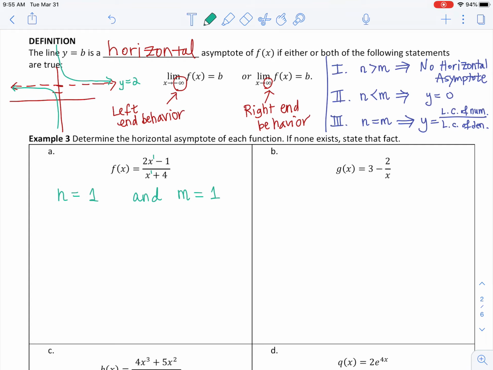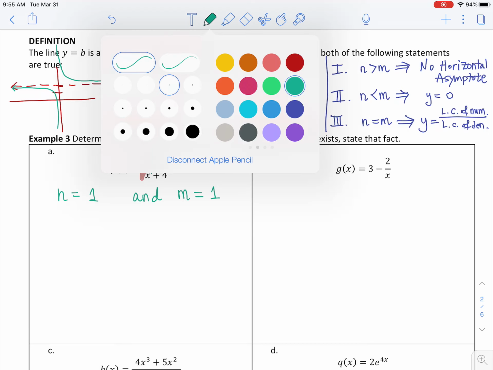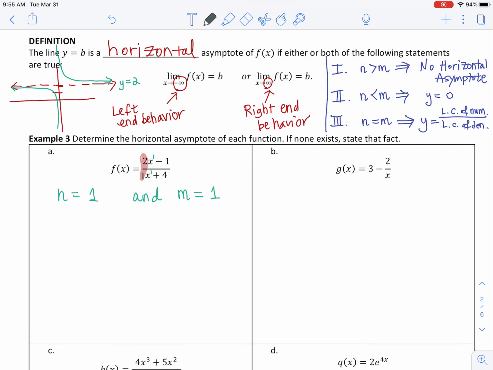So if they are the same, this is case number 3, right? You just have to take the ratio of their leading coefficient. And you see the leading coefficient of the denominator is simply 1x, right? So we do know already that the horizontal asymptote is at y equals 2 over 1. So horizontal asymptote is at y equals positive 2.